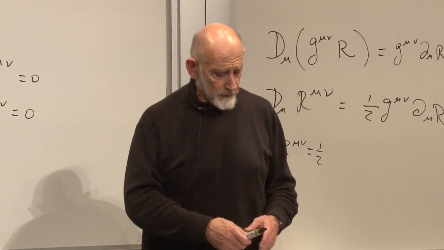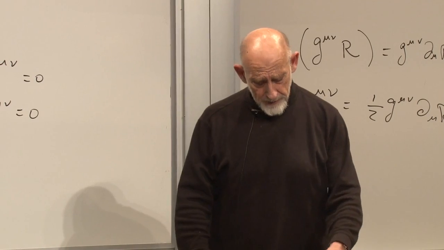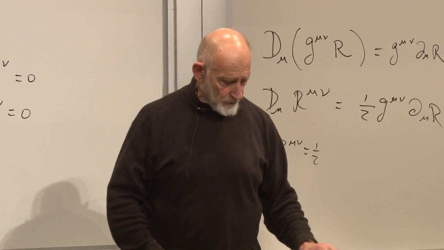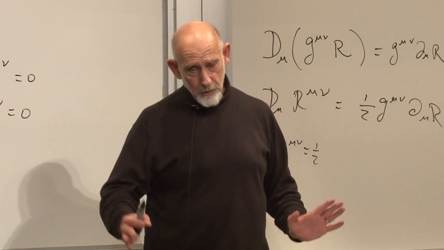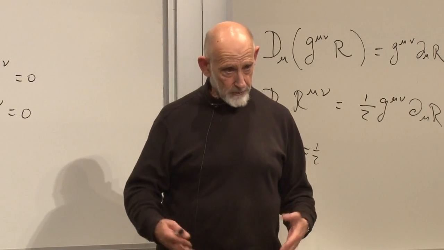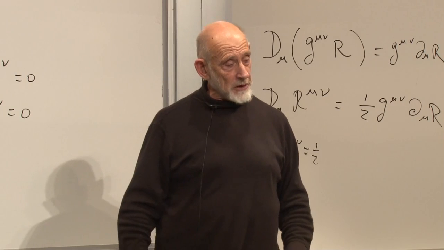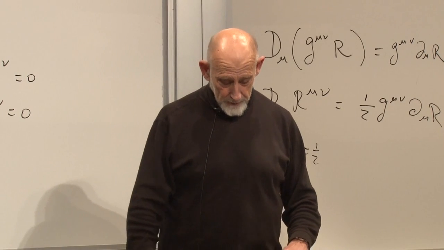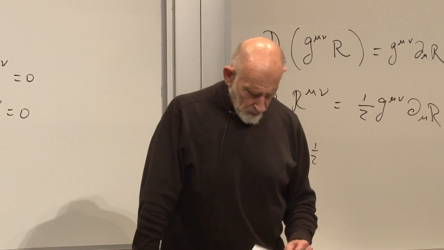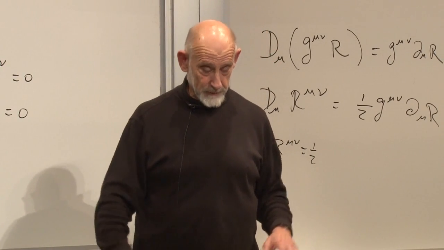But there is another point of view, which we'll talk about maybe next time, which is the action formulation, which is much more beautiful and much more condensed, where we introduce a principle of least action for the gravitational field, and all of this just pops out.